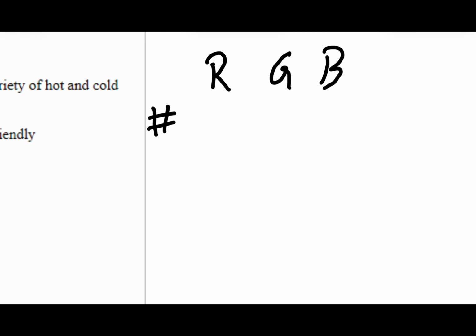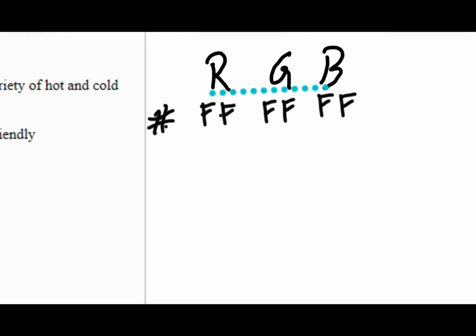So first, if it is FF, 6 times F, then which color will this be? White. This is the hash code for white color.